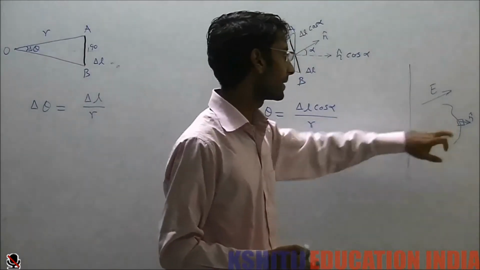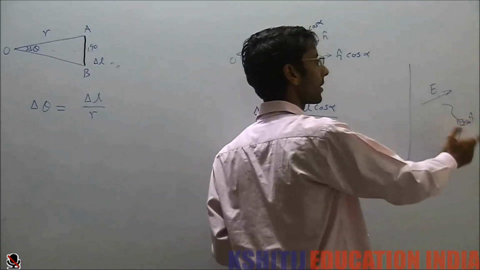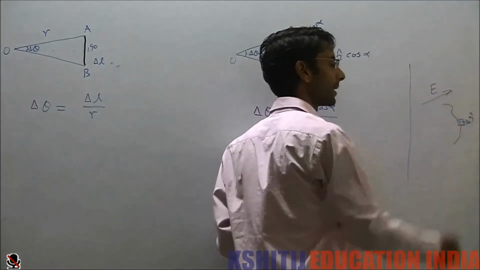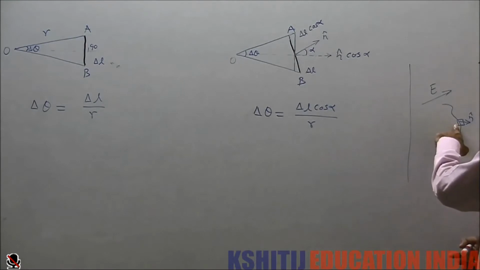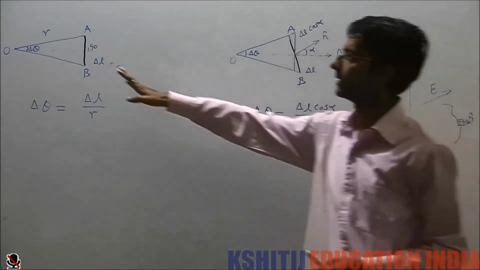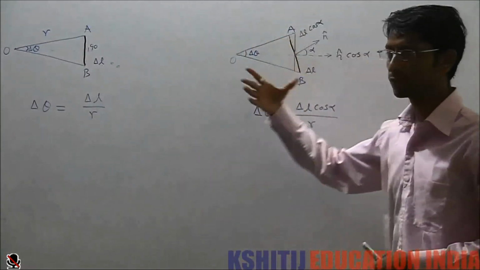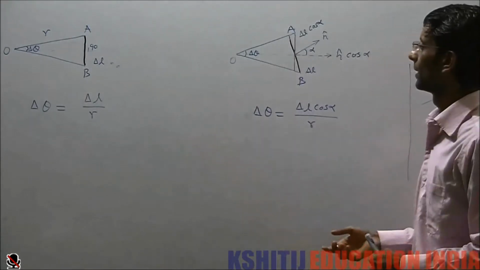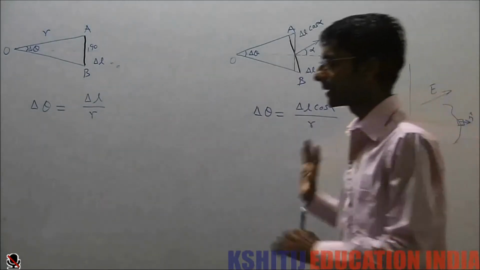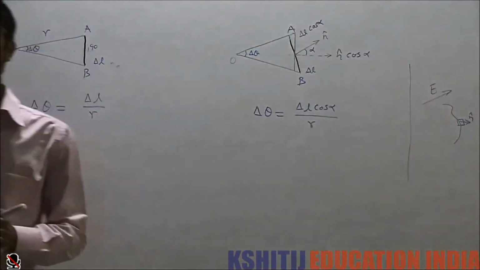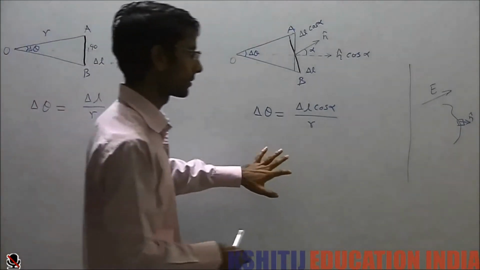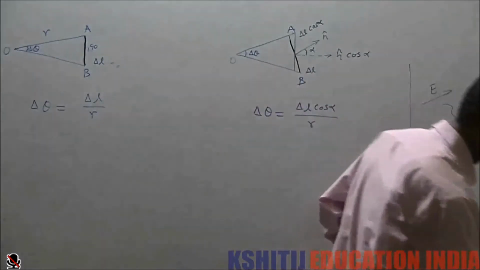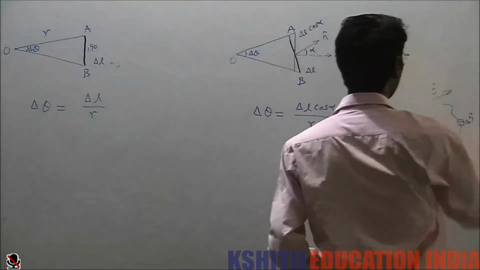That means the surface may not always be in the same direction as the electric field. It may be inclined at a certain angle, just like this is inclined here for the two-dimensional plane. If it is happening in surface area, then the solid angle will correspondingly change. So let's talk about the solid angle, and when we talk about this, it will become more and more clear.